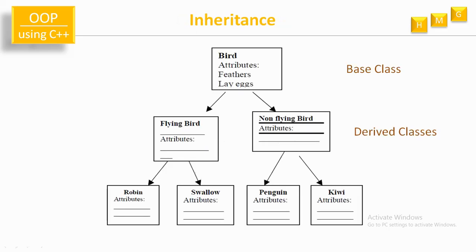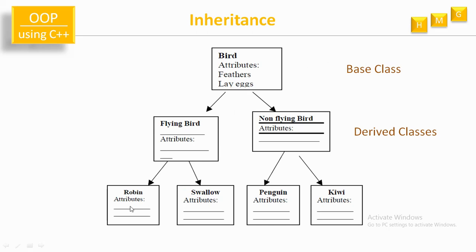birds. And these flying birds and non-flying birds are the derived classes of the bird base class. So like this, there is inheritance. The properties or the attributes of the bird class are inherited into the flying bird and non-flying bird classes.